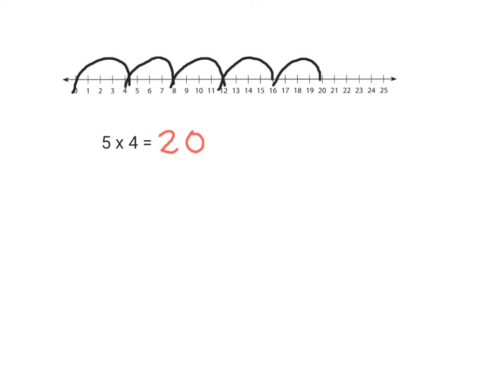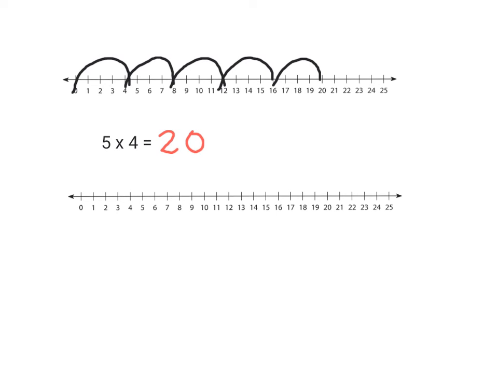Let's try another example. Let's try 3 groups of 8, or 3 times 8. So that means we're going to make 3 jumps of 8.